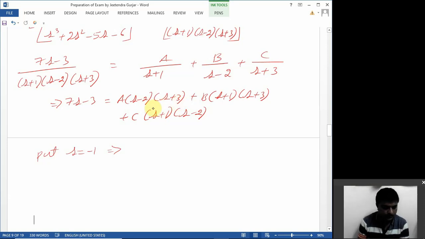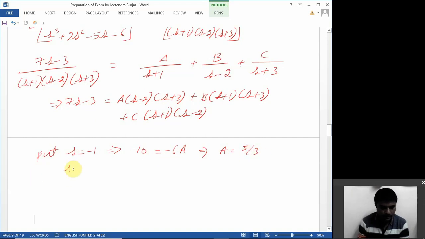This is not 0. So when I put s is equal to minus 1, the left side is going to become minus 10. You please substitute in your calculator, easily you can get the answer. So time is also very important. So minus 1 minus 2 is minus 3. Minus 3 plus 2... sorry, minus 1 plus 3 is 2, so minus 3 times 2 is going to become minus 6. So this is minus 6a. So that implies a is equal to, minus minus will get cancelled, quickly you should write 5 by 3.